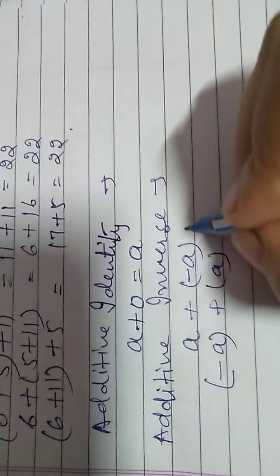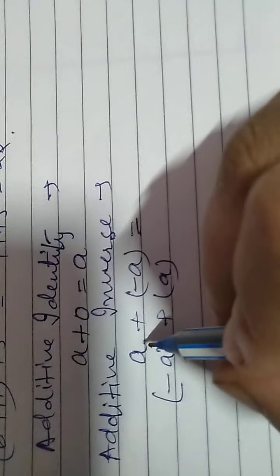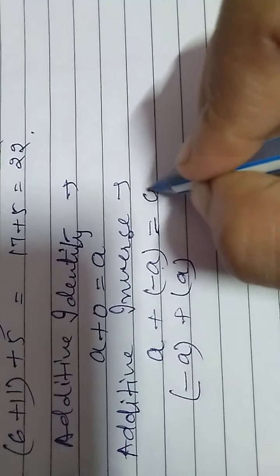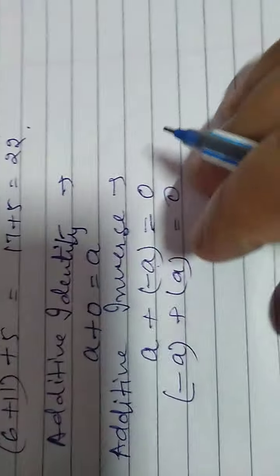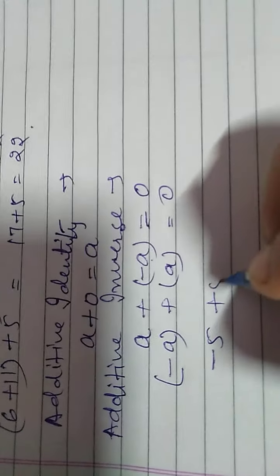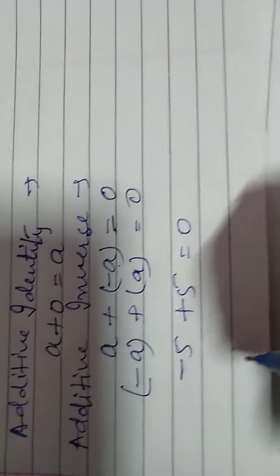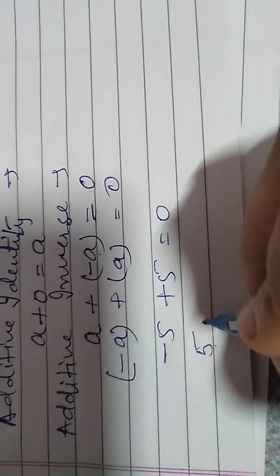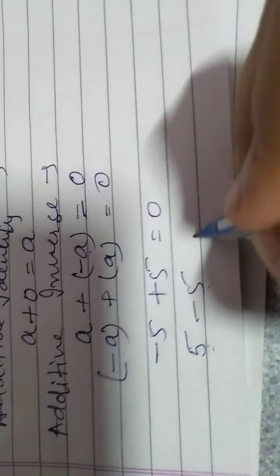It means if we add the additive inverse of the number to the number, then their sum will be 0. If we find the additive inverse of -5, it will be +5, and if we add them, their sum will be 0. And if we find the additive inverse of +5, it will be -5, and again their sum will be 0. Okay, so this is called the additive inverse.